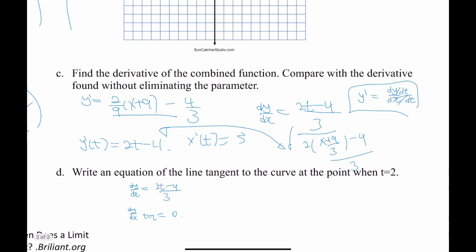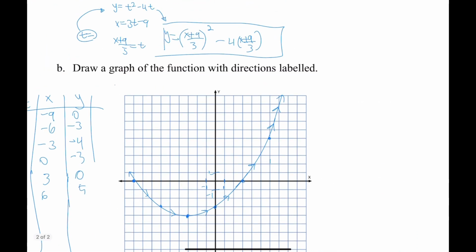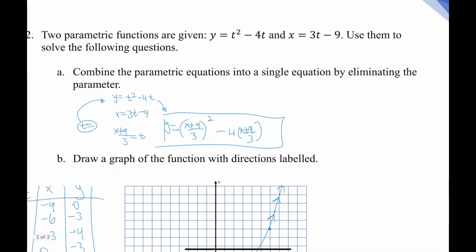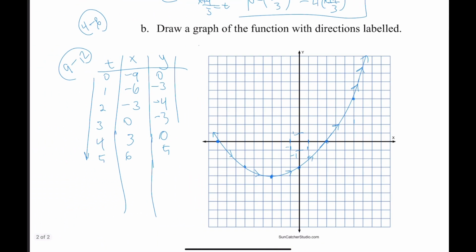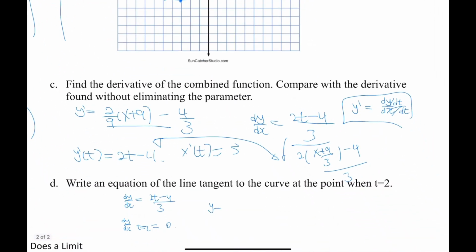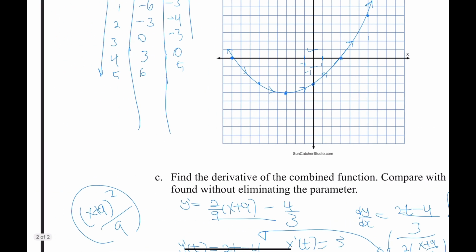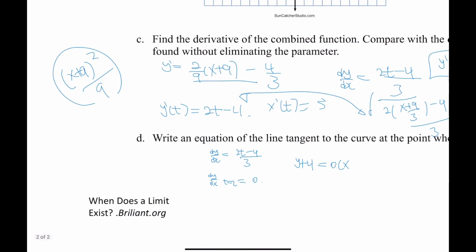So y minus -4, yeah, -4. So y plus 4 equals 0 times (x plus 3). So the line is basically just y equals -4.